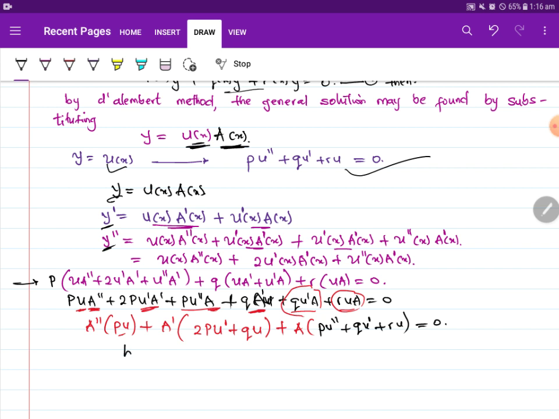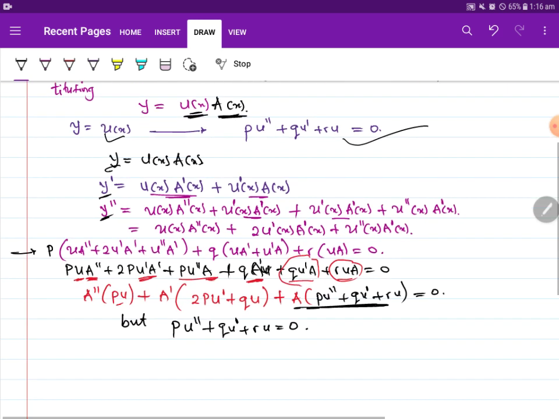So I can say that p u prime prime plus q u prime plus r u is equal to 0. Since that is equal to 0, which means that this part is what? Is 0.